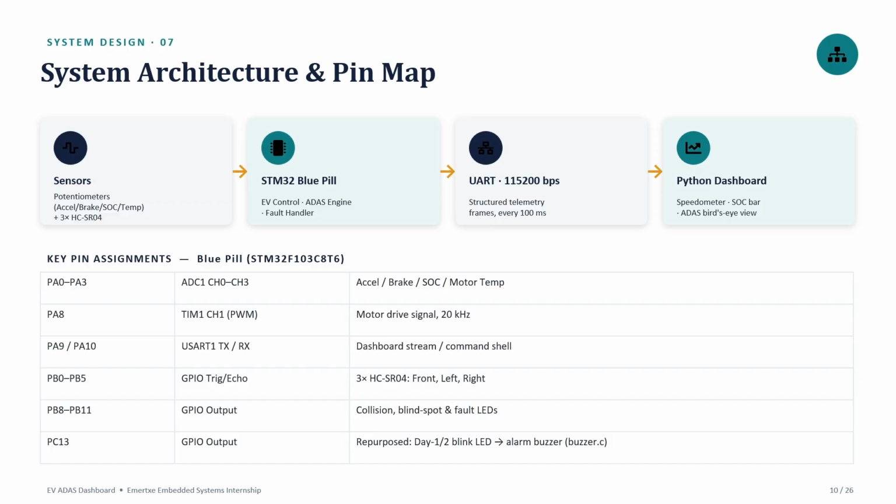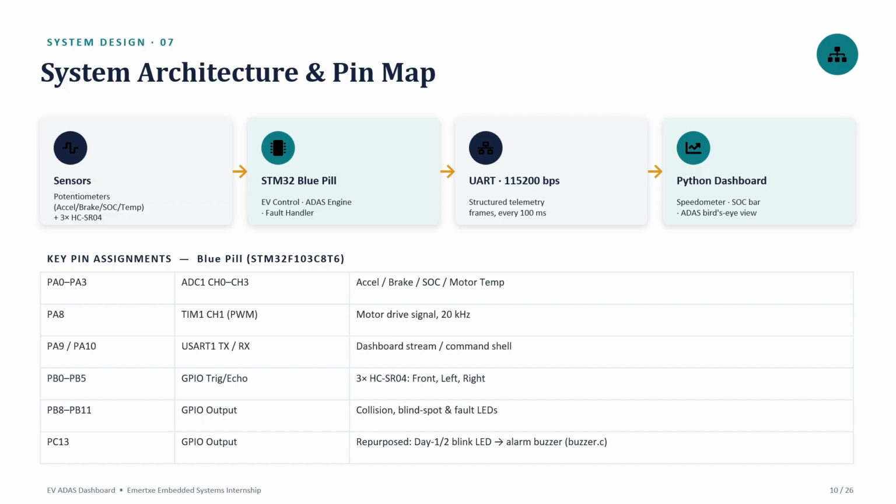So how will it work? For the ADAS part, for the front area, the right and the left, we have three ultrasonic sensors, named HC-SR04. And for the data like EV acceleration, brake, SOC, meaning state of charge, or temperature, we don't actually have them in a car.